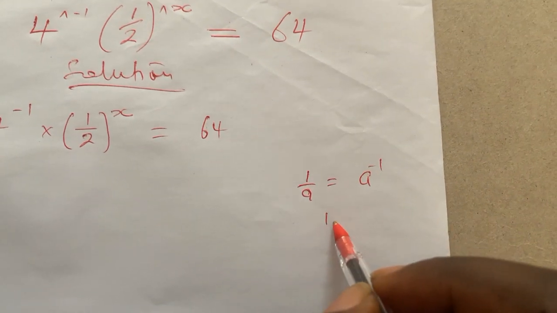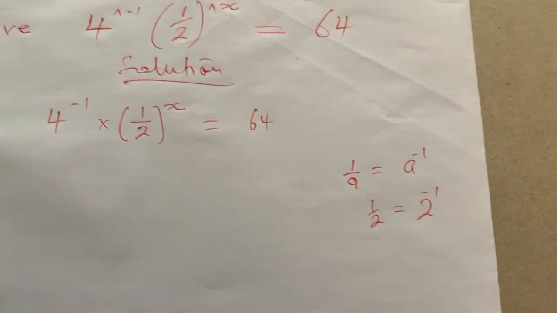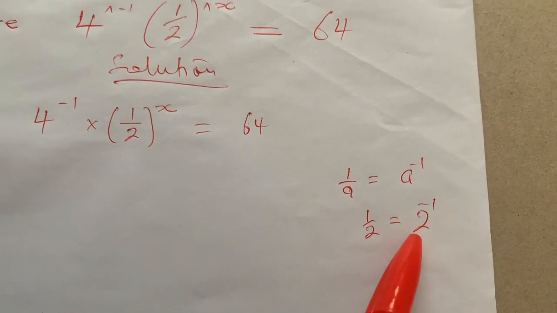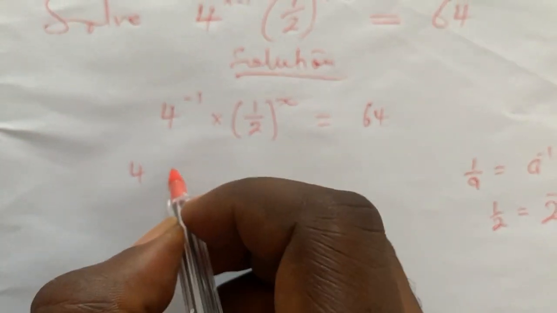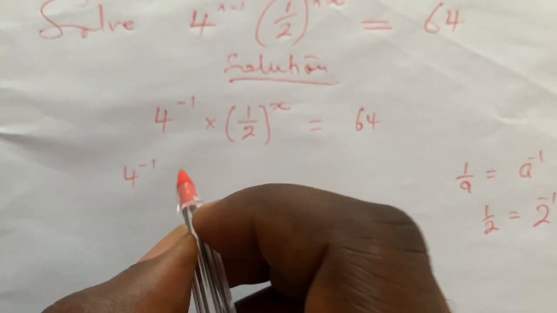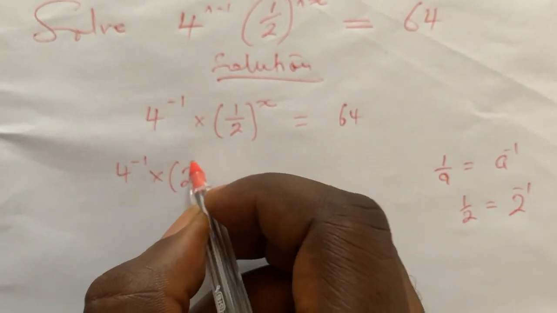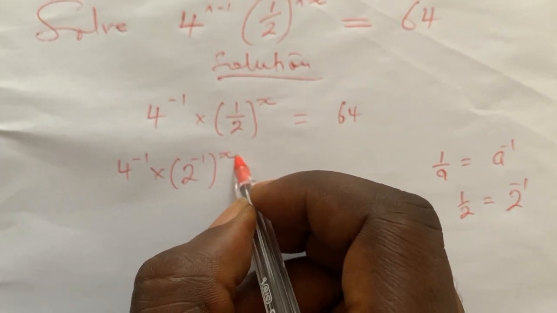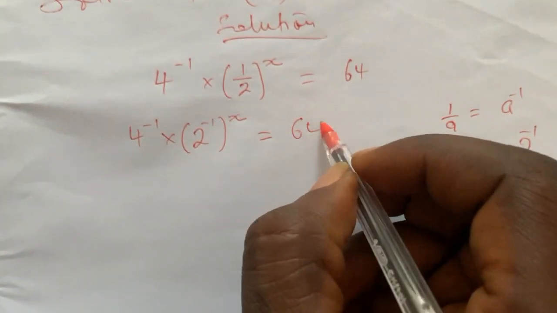So the 1 over 2 could be written as 2 raised to the power minus 1. So in place of this half, you're going to write 2 raised to the power minus 1. So we have 4 raised to the power minus 1 times 2 raised to the power minus 1, all raised to the power x equal to 64.